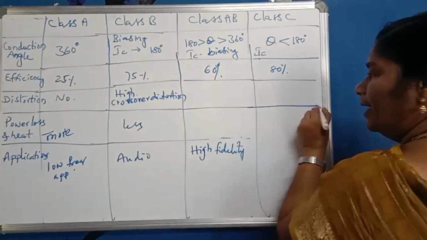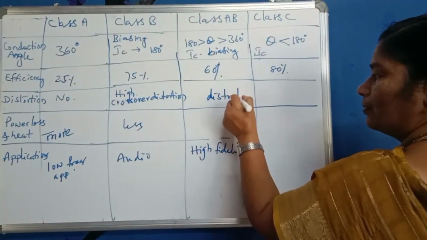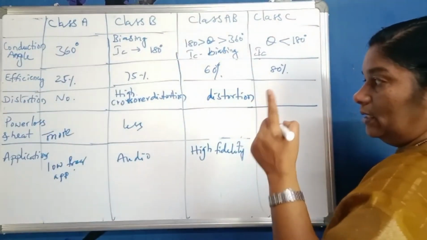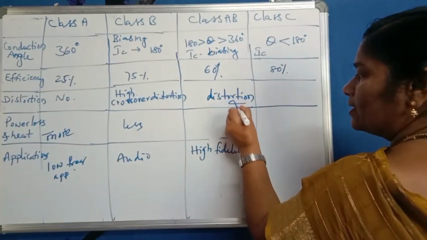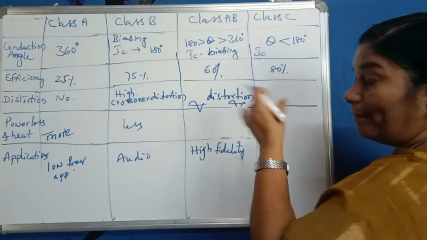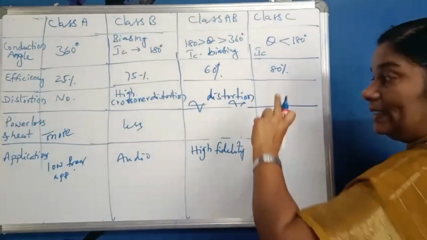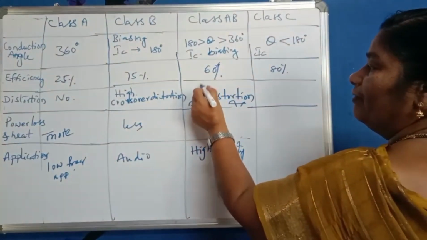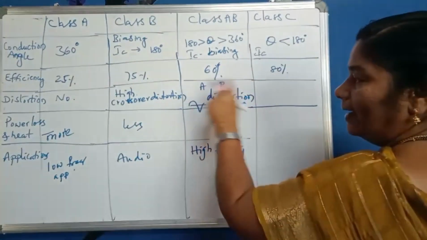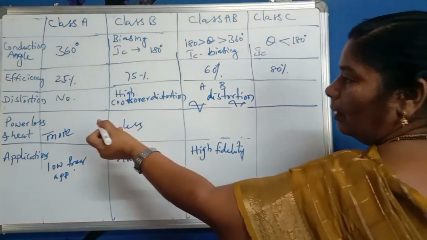Then when you take the distortion, here also distortion is more, because the output signal is not similar to the input signal, since you are losing a part of the input signal. So distortion is more, but it will be in between A and B, more than B and less than A. Next, power loss.